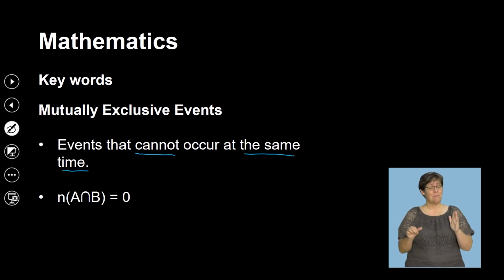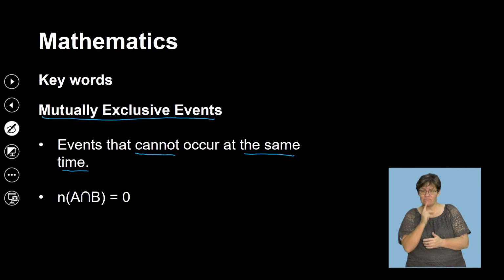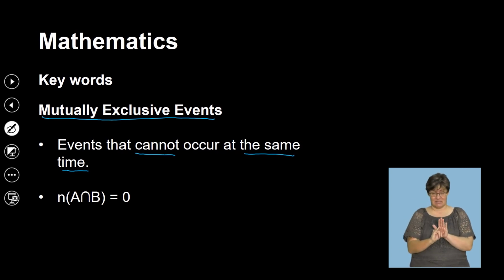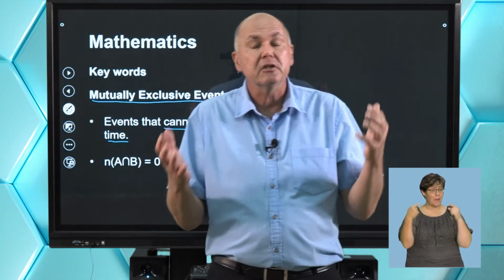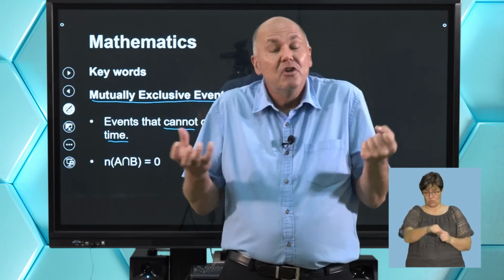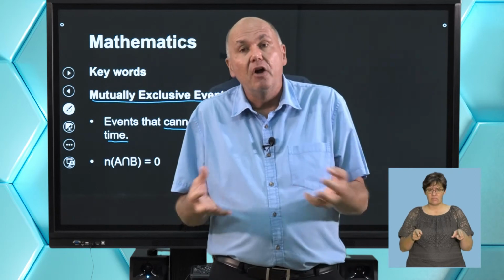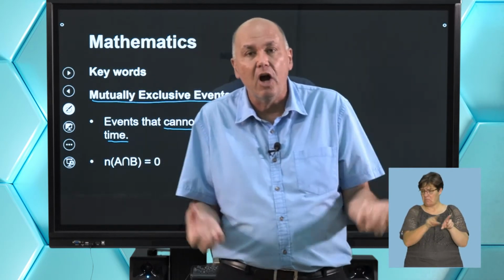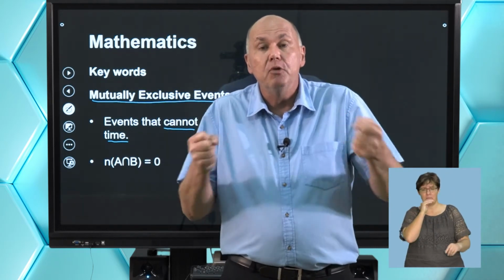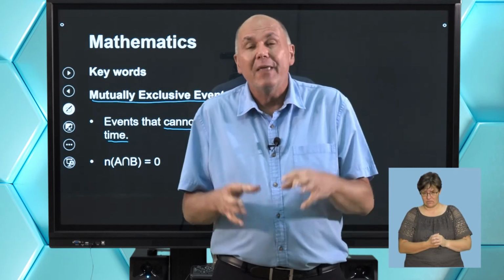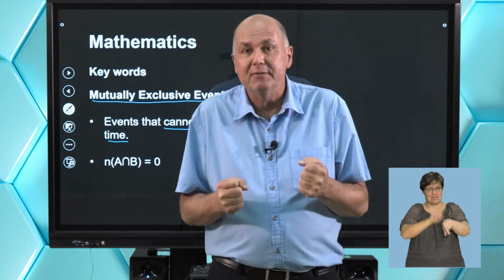Very, very important. Even at a high level of studies in probability, you would be asked to identify: is an event mutually exclusive or not? And it's not that difficult to recognize. If these events do not have anything in common, then they are mutually exclusive. So they can't take place at the same time.